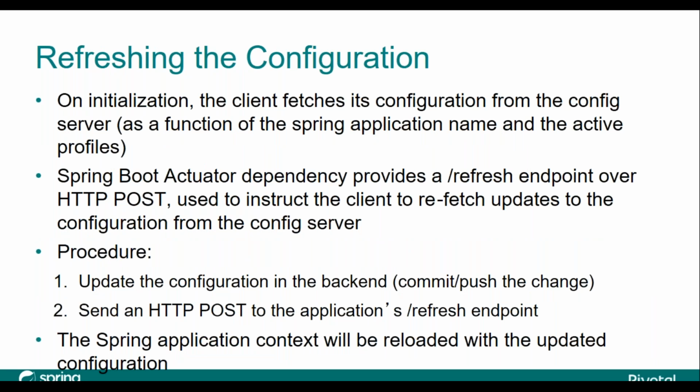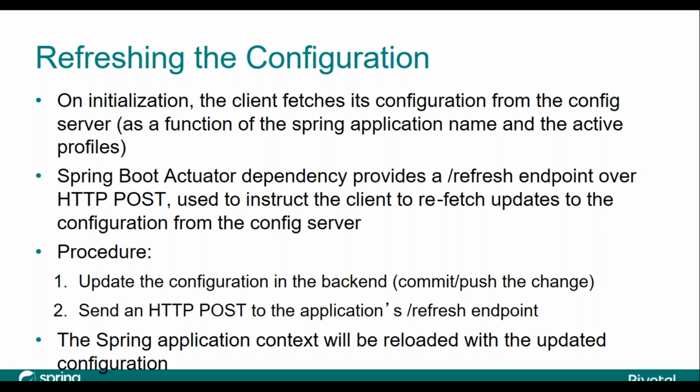Now, refreshing the configuration. How do you refresh your configuration? On initialization, the client fetches its configuration from the config server itself. That is, when you start your config client, you would see in the console log information saying that it is going to look for a config server with the application name as well as your active profile.